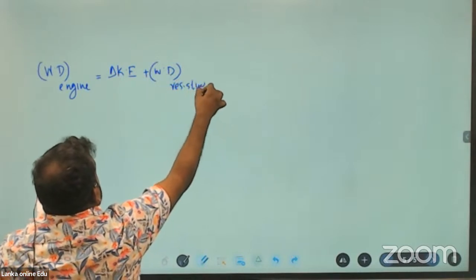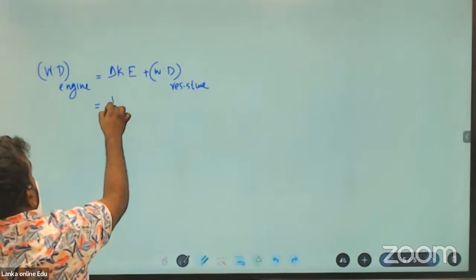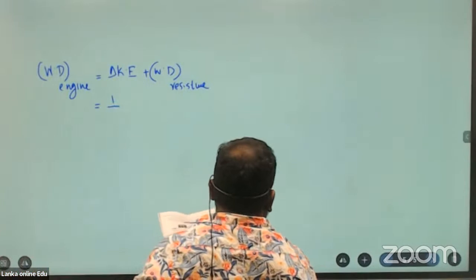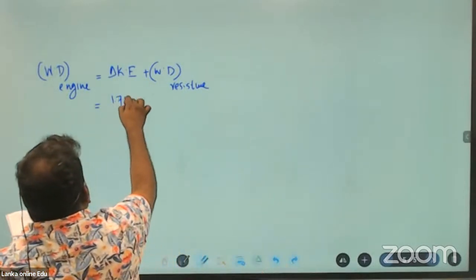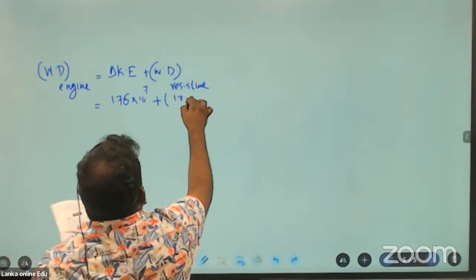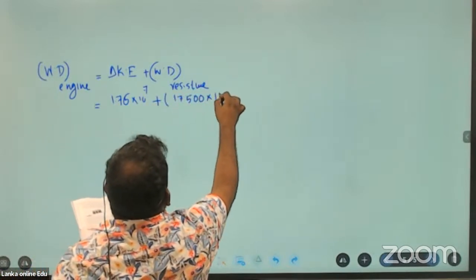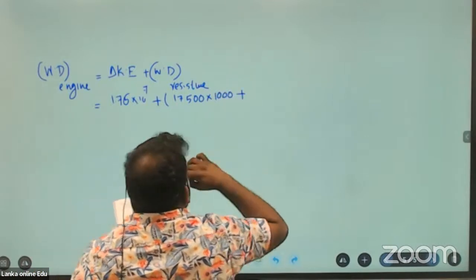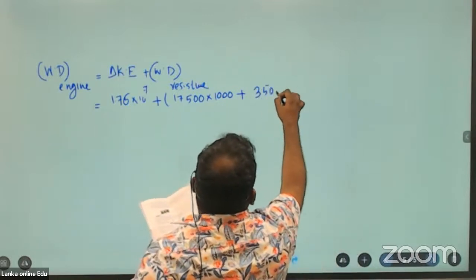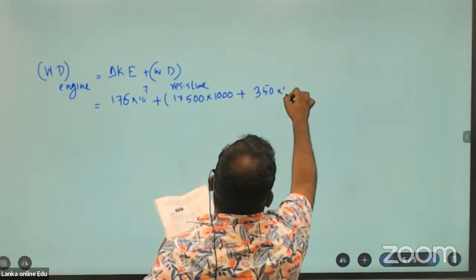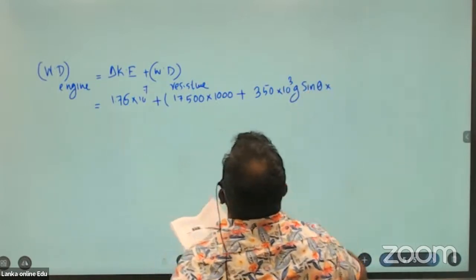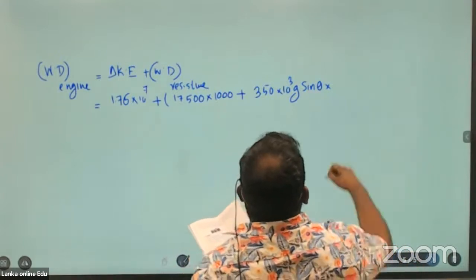Increase in kinetic energy we have already found: 1.75 × 10^7, plus work done by friction, 17,500 multiplied by 1000, plus the component of weight, 350 × 10^3 g sin θ multiplied by the distance traveled, 1000.